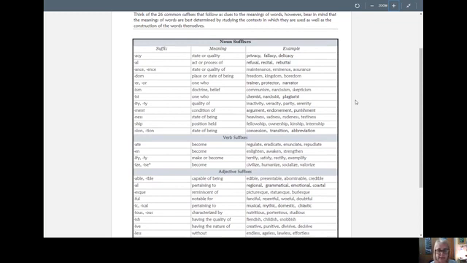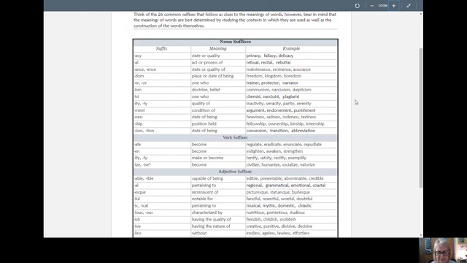So we're going to start with the noun suffixes. We have the suffix in the first column, the meaning in the middle column, and then examples in the third column. So ACY, its meaning is state or quality. Well, what does that mean, state or quality?